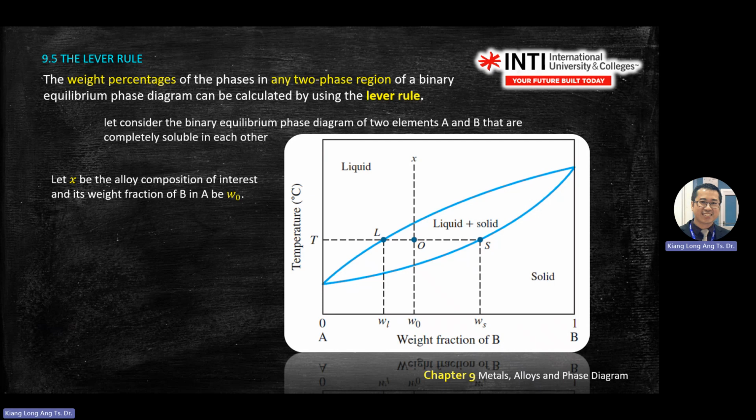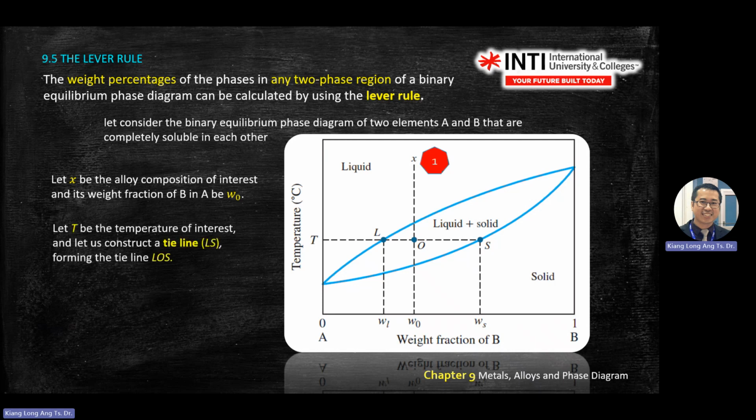The question will give you one point here. This is the point of interest, WO. You need to calculate this one by referring to the previous chapter. If you're given X equal to 100 grams of, let's say, copper, you need to convert it into a percentage.